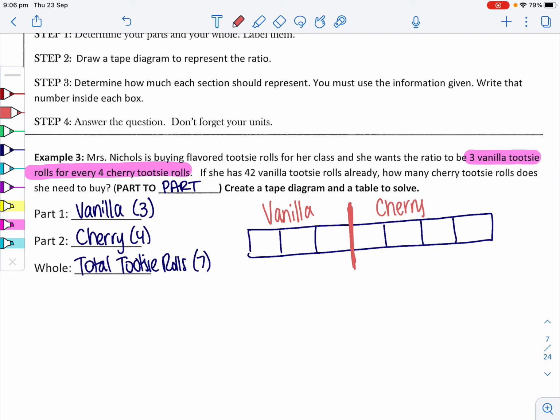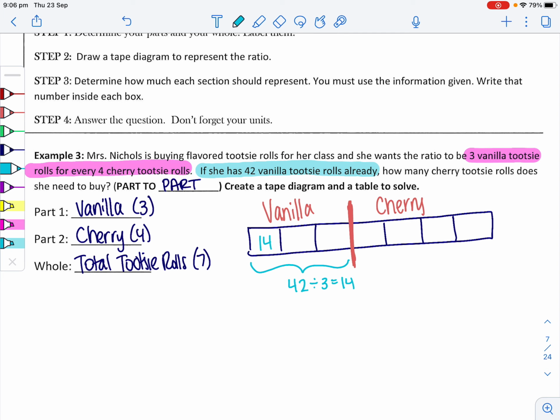Now we're going to use the next part of the problem. So it says if she has 42 vanilla Tootsie Rolls already. So on this side of the tape diagram, I've got 42 Tootsie Rolls, and I want to break it into 3 equal parts to fit in those boxes. 42 divided by 3 is 14.